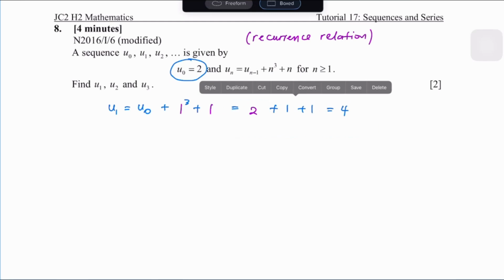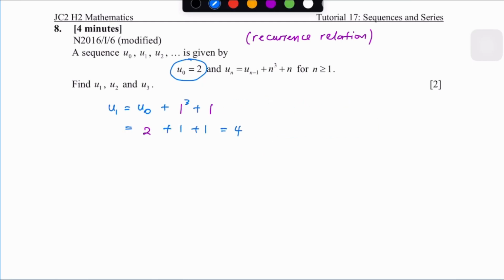Very direct. This one you must know how to do because it will be very common in A level. This recurrence relation is quite common in A level these days. Let's take a look at u2, the second term. So u2 will be the first term u1 plus 2 cubed plus 2.